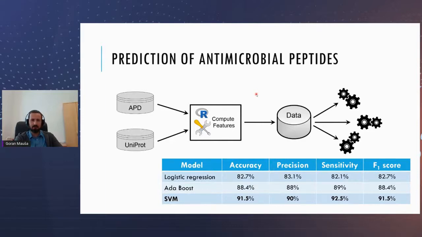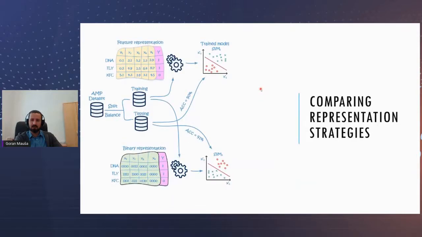However, we didn't trust these results so much, so we said, okay, let's check that a little bit better. So we developed a strategy where we will build two models. One model will be based on the representation that uses the features previously mentioned, and another model will use only the sequence as its source of information.